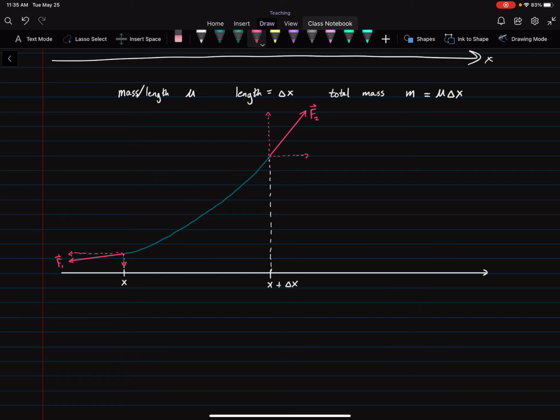So what does that mean? Well, that means that this component, we're going to call it F for the x component, because it kind of represents tension. That must be equal in length to that component. I don't know if it's accurate to the drawing, but this length, if this were a physical system, would be equal to that length. All right. What isn't equal is, of course, this length and that length.